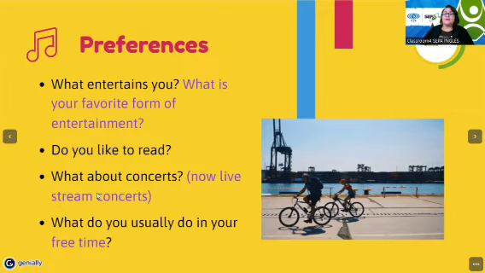What about concerts? Now live stream concerts. Do you like the concerts? Why? Why not? Do you prefer live concerts or do you prefer to see the concerts on TV? What do you usually do in your free time? In your free time, do you read a book?